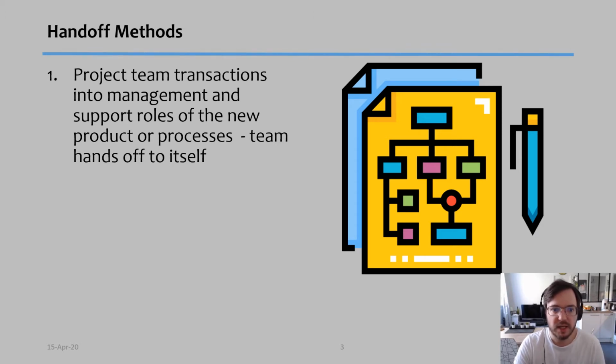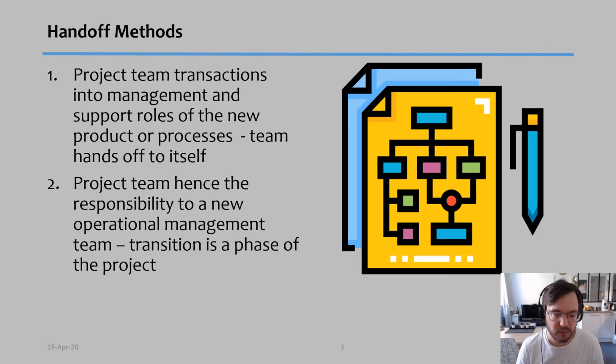In other words, the team hands off the work to themselves, which, as you can imagine, is much easier than the second option, which is when you have to transition the project result to a team of new people. This means that you might have to add a new phase into the project, the transition phase, and manage it a little bit as a mini project where you train the new people and explain to them all the details necessary to be able to run the daily operations of the result of the project.